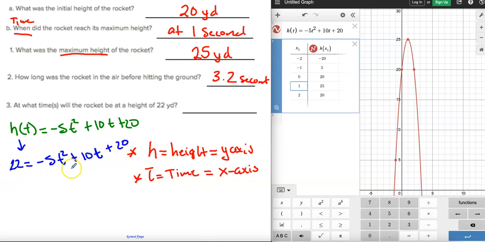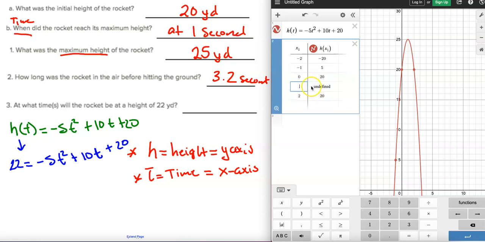So this is where we get into how we can use the quadratic formula to help us solve this, because I can go to the table and plug in values. Let's say I see that between 0 and 1, between 20 yards and 25 yards, so I know it has to be less than 1.